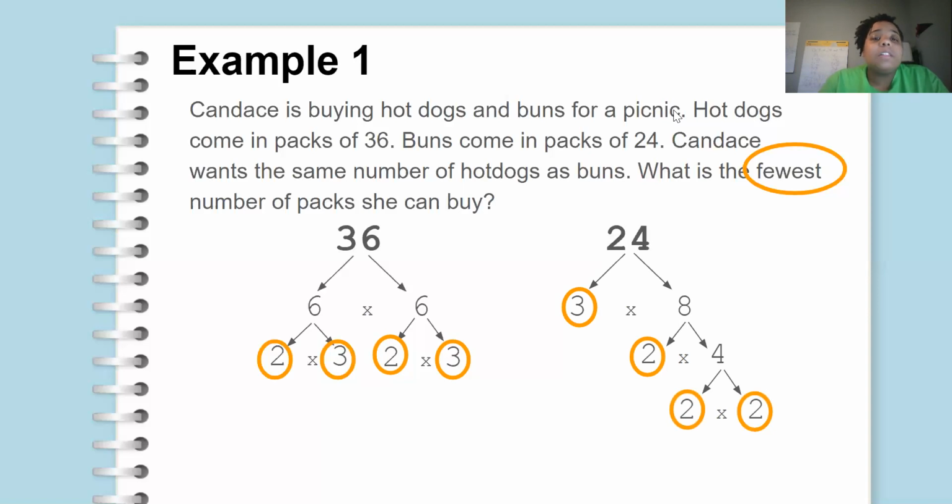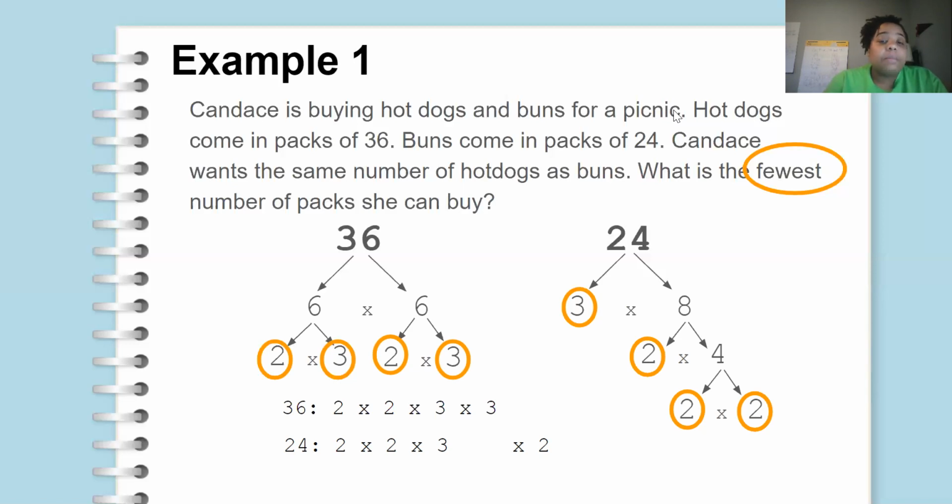Now I want to move on to steps 3 and 4, where I list out all my prime factors and then multiply one from each column. So I have my prime factors of 36. And the same for 24. Notice that I put the last 2 of 24 in its own column.